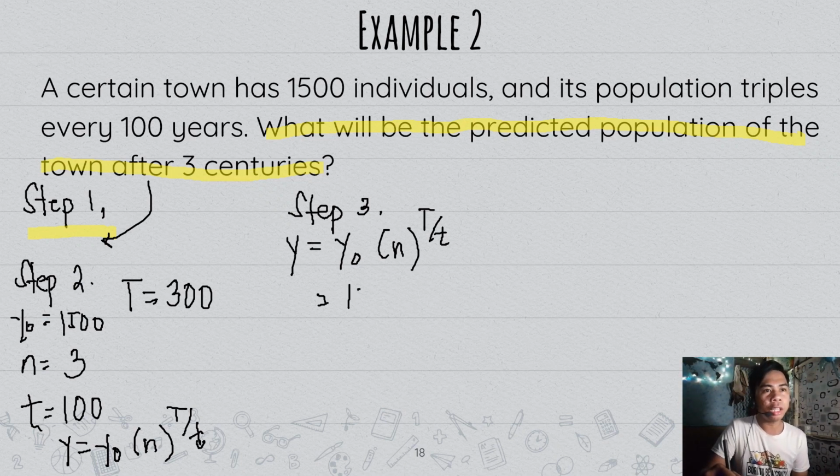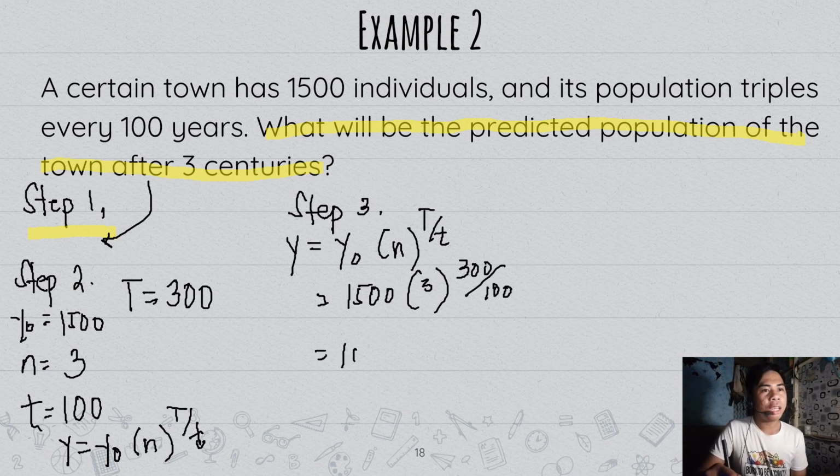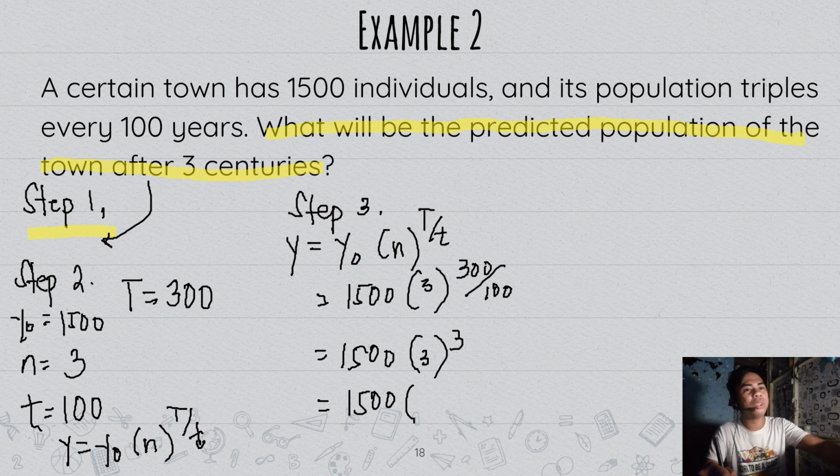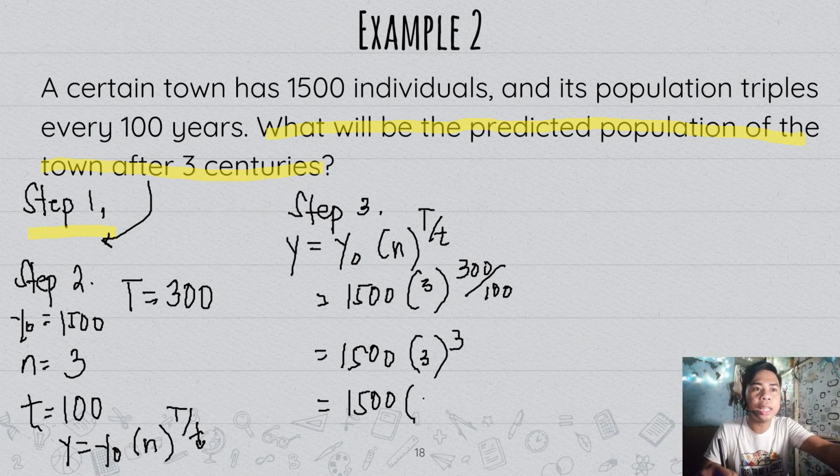Y sub 0 is 1,500 times n. What is n? 3. Raised to, what's t? 300 over 100. So that would be 1,500 times 3 raised to 3, because 300 divided by 100 is 3. And then 3 raised to 3, that's not 9, it's 27.